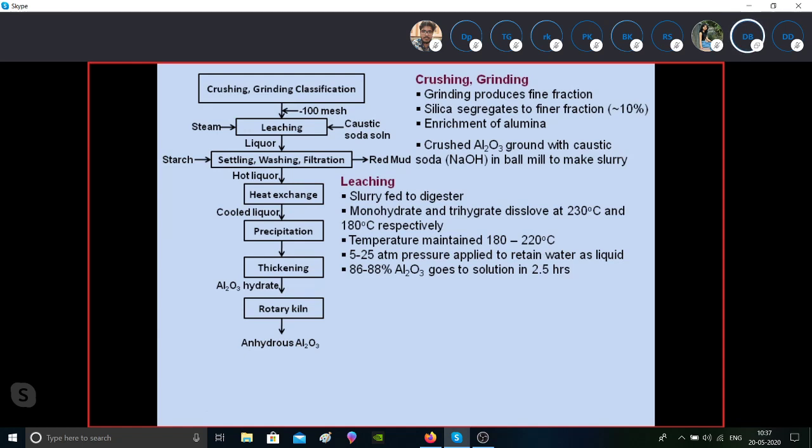If we look at monohydrate, the diaspore, Al2O3·H2O, it requires a temperature around 230 degrees for dissolution of the monohydrate in sodium hydroxide. The other stage, here, you can see my cursor?